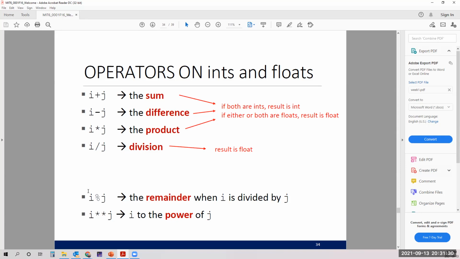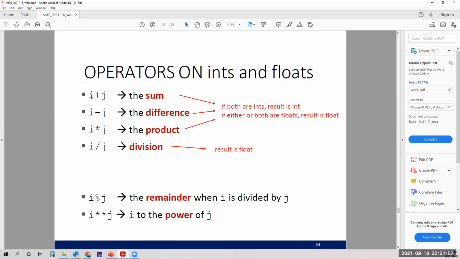Dear Professor, I have a question. For I and j, do we have to declare that it's an integer or a float, or will Python do it automatically? If I define I as an integer and j as an integer, then Python will automatically make the sum an integer.